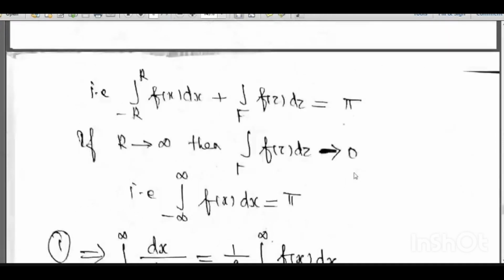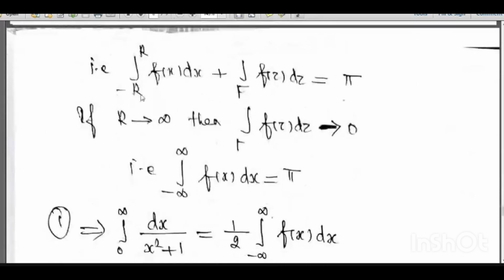So the integral from minus r to plus r of f of x dx plus the integral over gamma of f of z dz is equal to pi. If r tends to infinity, then the integral over gamma of f of z dz tends to 0. That is, the integral from minus infinity to plus infinity of f of x dx is equal to pi.